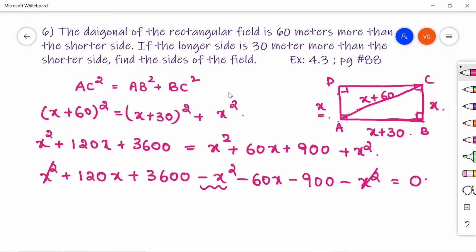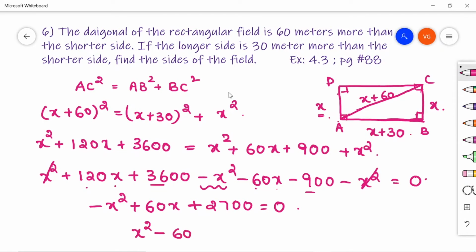Then I have 120x minus 60x, so plus 60x, right? And 36 minus 9, that will be 27, so plus 2700 is equal to 0. This can be simplified further: x square minus 60x minus 2700 is equal to 0.